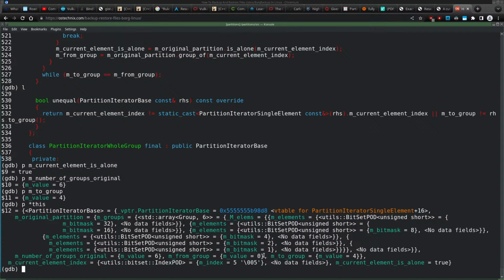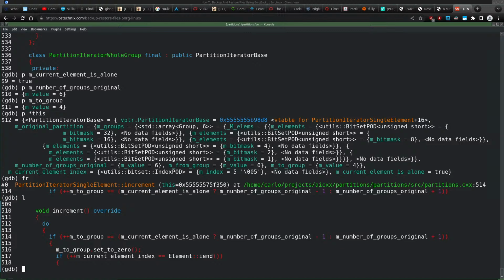But that group is now empty because it's our from group and the element was alone. So after removing this element, the group is empty. Plus I wouldn't want to move it into the same group to begin with. So we are kind of at the end of the move to groups.